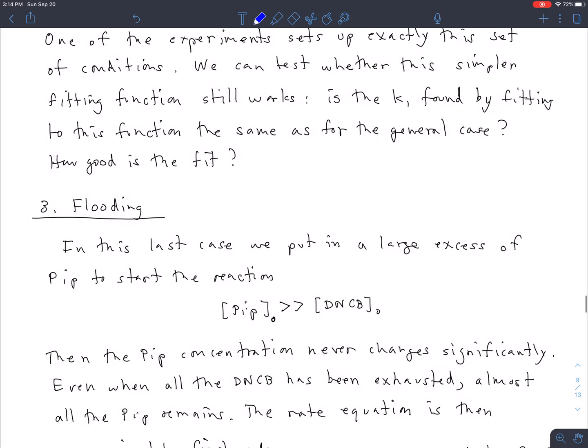The second special case is what's called flooding. In that case, we'll put in a huge excess of piperidine over the DNCB. So one of the 2 reactants is present in a huge excess. That means its concentration barely changes. When all the DNCB is already used up, the piperidine concentration has hardly changed.